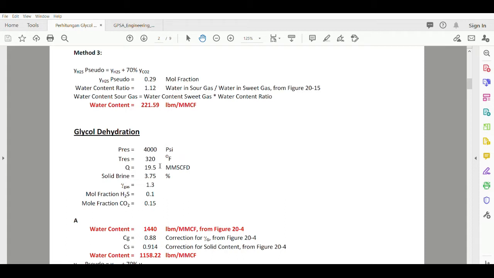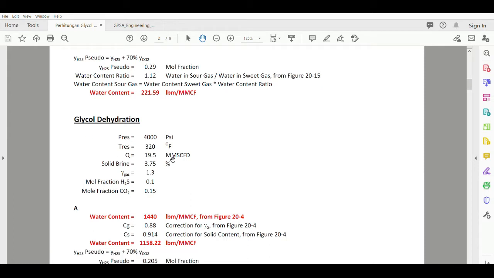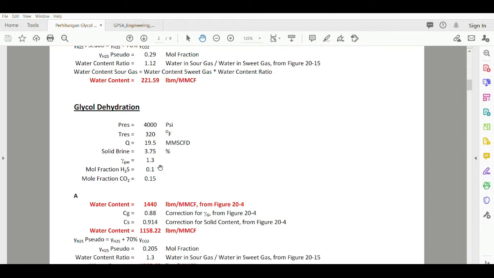The rate is 19.5 million cubic feet per day, with brine solid content around 3.75 percent, and the gas gravity is 1.3, which is quite heavy. Mole fractions are CO2 10% and H2S 15%, so 0.1 and 0.15.